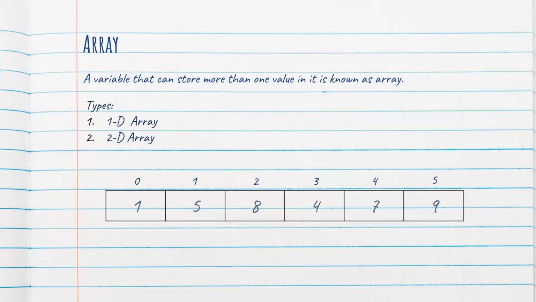So 1 is an element and the position of that element is 0. And this 0 is also known as the index or subscript of this array. So 0, 1, 2, 3, 4, 5, these are the indexes. And one thing that you have to remember is that the index always starts from 0.